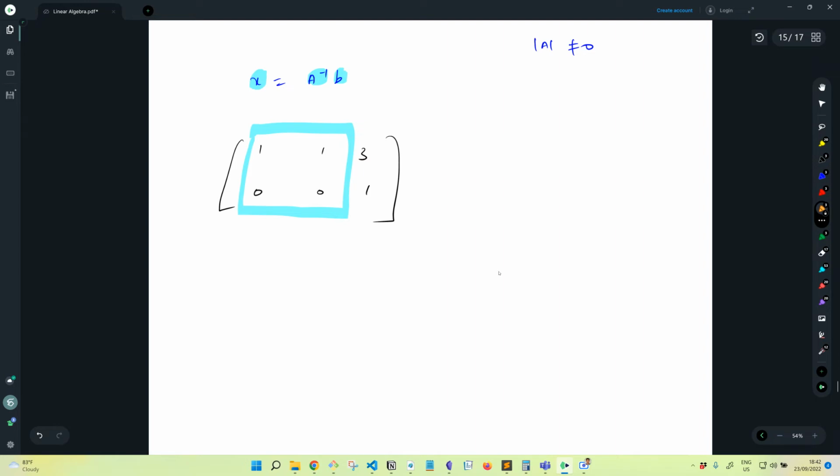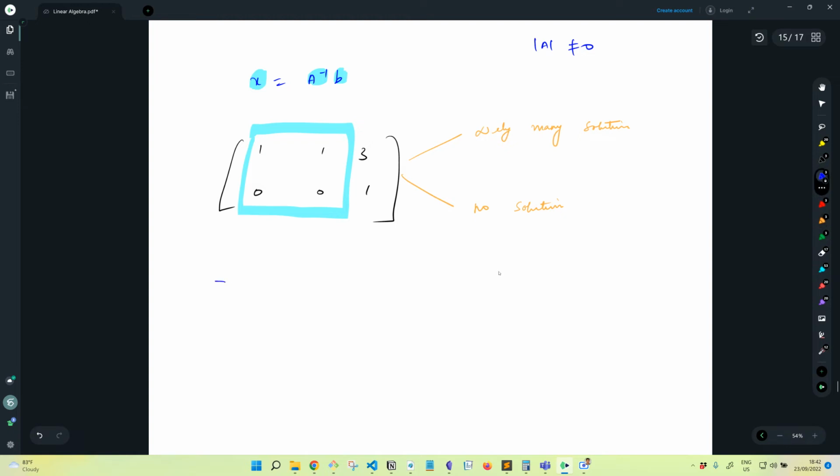Now, if you ever encounter such a case, then only two cases are possible. One is you have infinitely many solutions, and the other case is you have no solution. Earlier we saw a case where you have a unique solution.